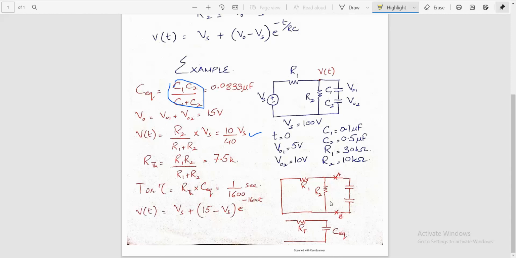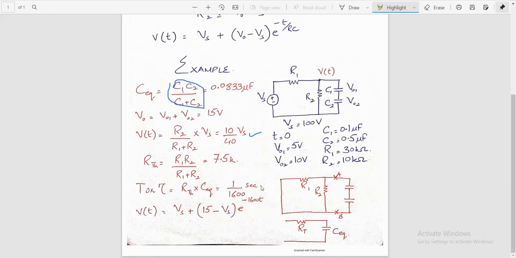V of t is equal to Vs plus V naught minus Vs times exponential of minus t over RC. You'll have your solution. V of t is equal to Vs plus 15, that is the total potential available before the operation of the switch, times exponential of minus t over RC. Replace RC with 1 over 1600 and it comes out to be minus 1600 t.